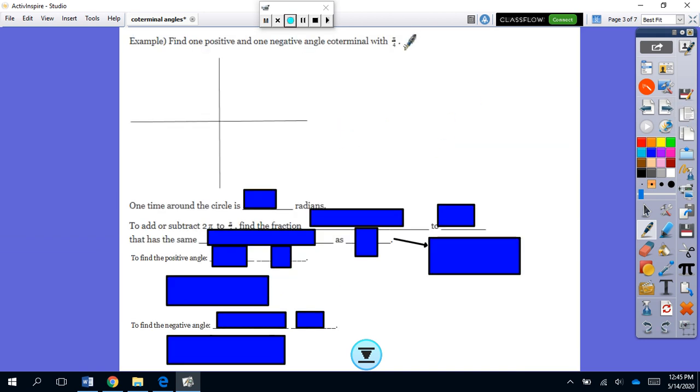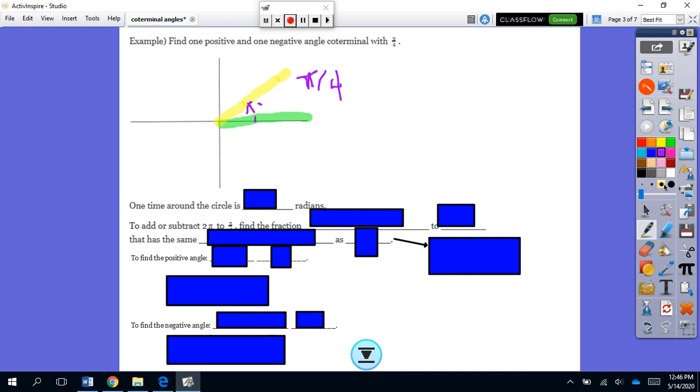Okay, so let's start with pi over 4. We still start on our initial side, our positive x-axis, and then pi over 4, remember, is halfway through the first quadrant. So pi over 4, if I go in the positive direction, is pi over 4 radians.